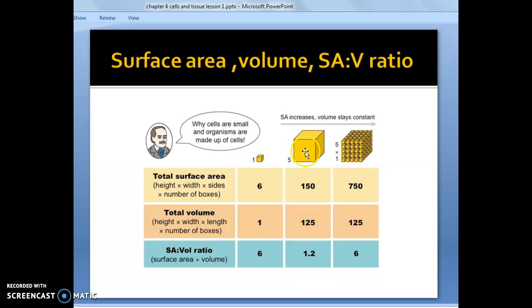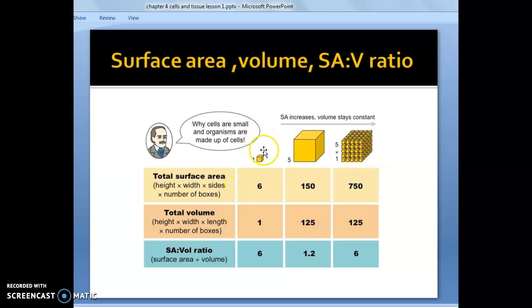Then you see another cube with one side of 5 units, and then small cubes which have the same volume as the second one but have been divided into small cubes. Within the same volume there are about 125 small cubes.